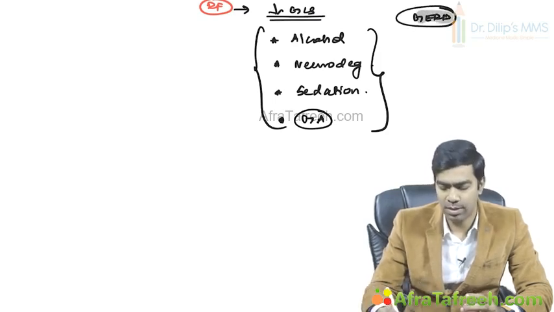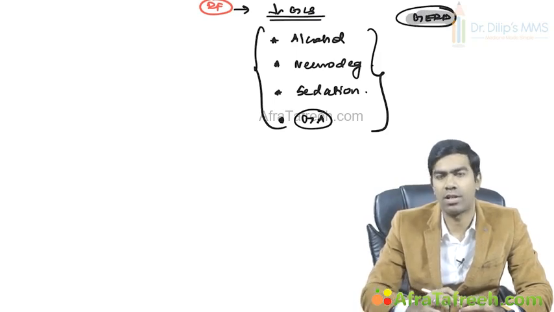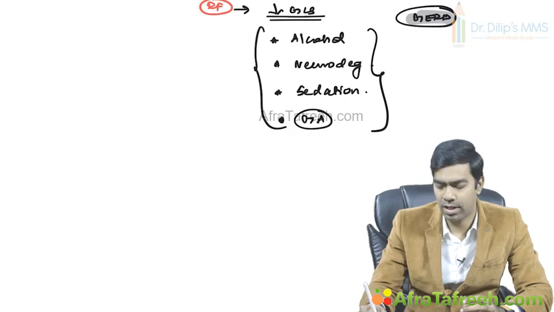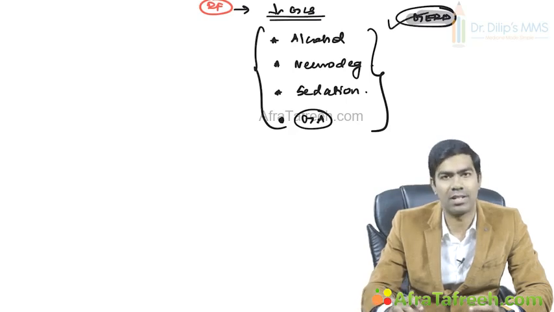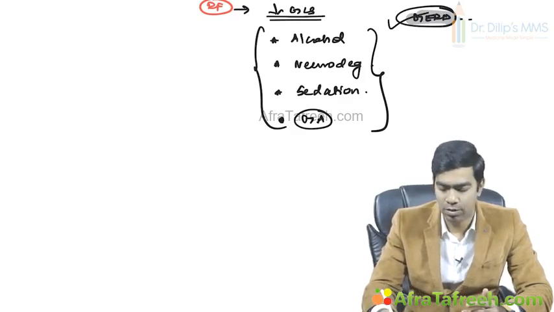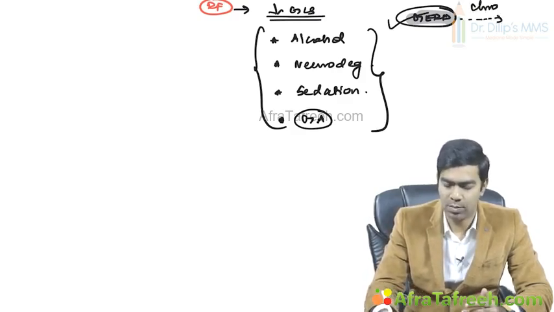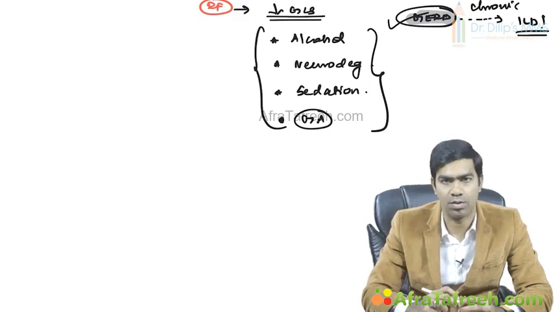And this GERD is an especially important reason for aspiration in the general public, where they tend to aspirate small amounts of gastric content for a long period of time, which might result in long-standing or chronic chemical pneumonitis, which might even predispose to ILD. So in chronic GERD patients, there is one study which tells they are predisposed to development of ILD and fibrosis in the future.